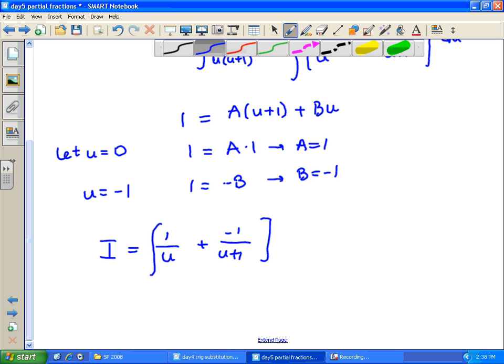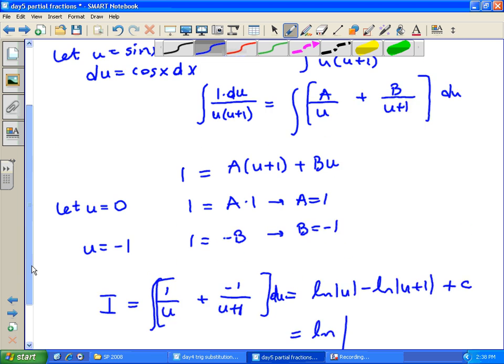Of course, both of these are very simple to integrate. And we get ln of u minus ln of u plus 1 plus c. We can combine them into a single ln while at the same time placing the value for u in there.